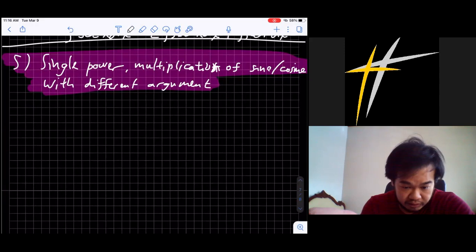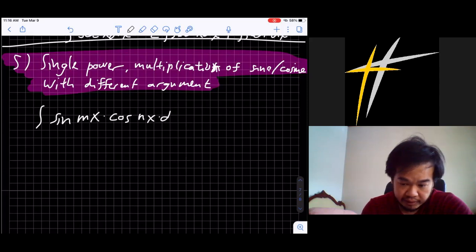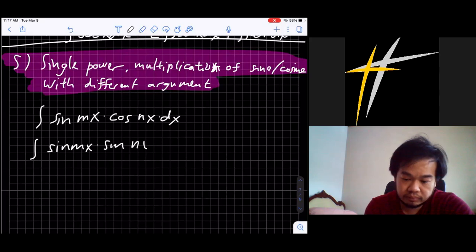There are 3 points here, and the first one is sine mx times cosine nx dx. The second one is if both are sine, and then the last one is if both are cosine.